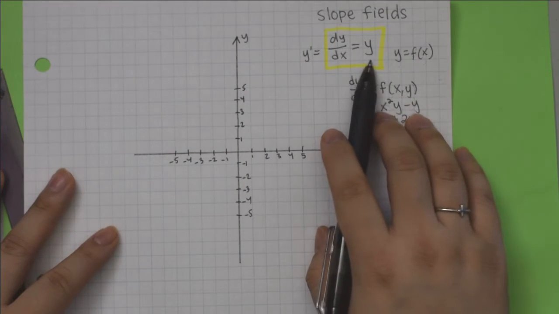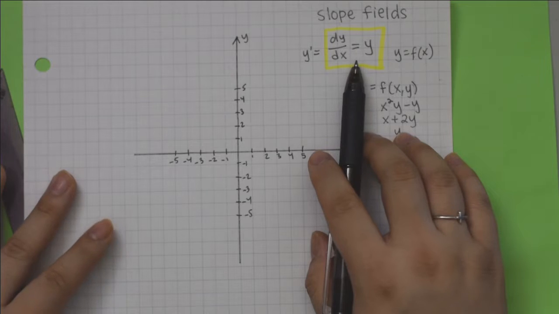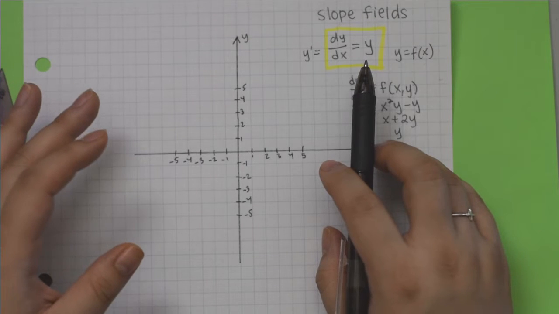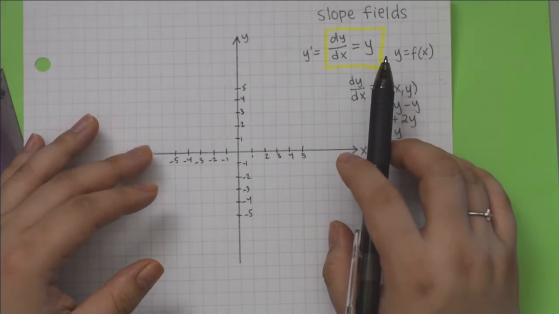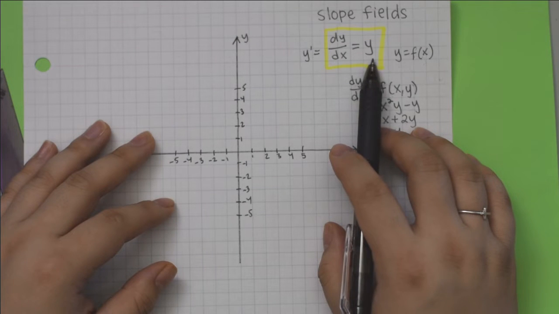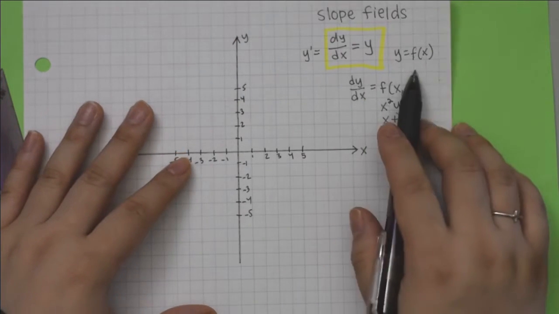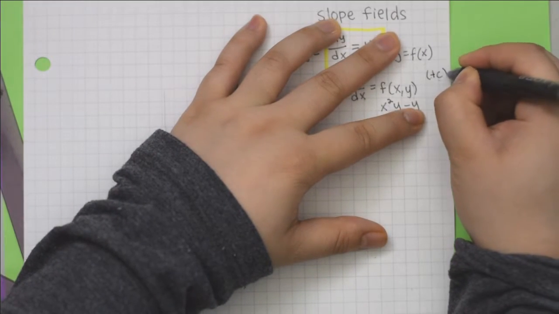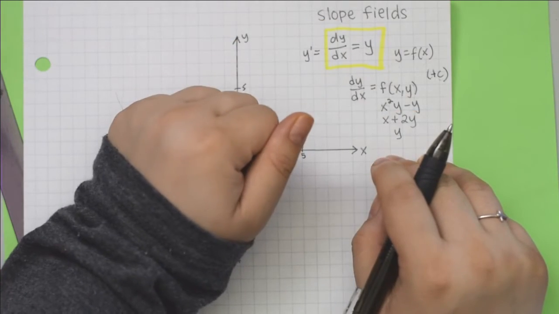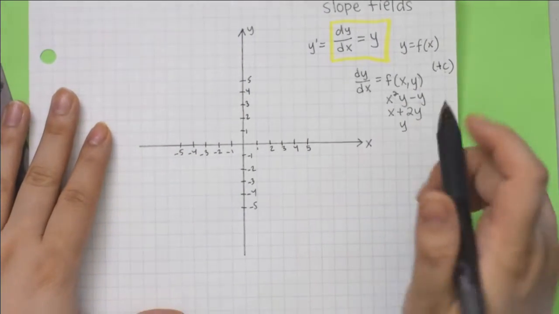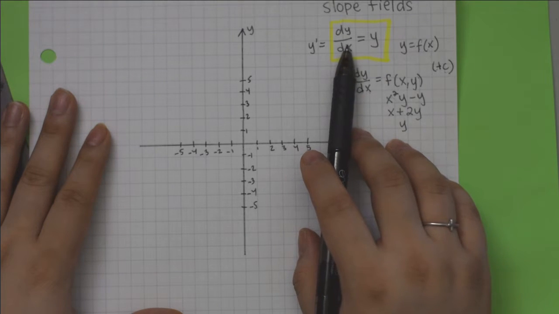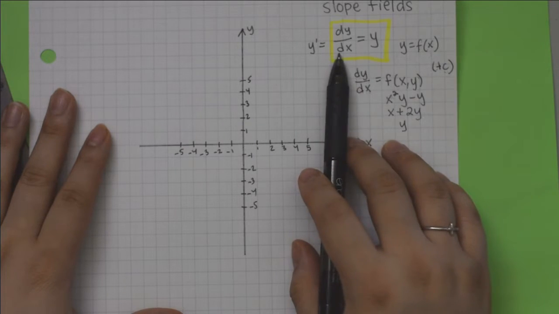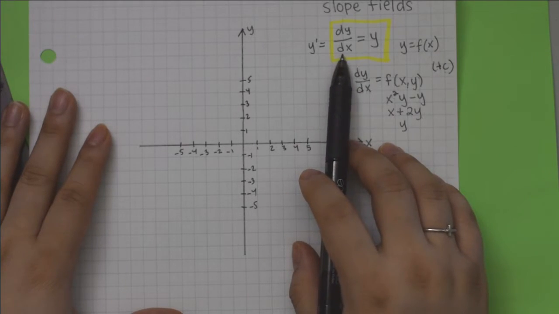Depending on whether you have an initial condition given, you might end up with something like that, and then a plus c, which is our constant from integration. So sometimes we can use methods to directly solve the differential equation, and sometimes we can't.